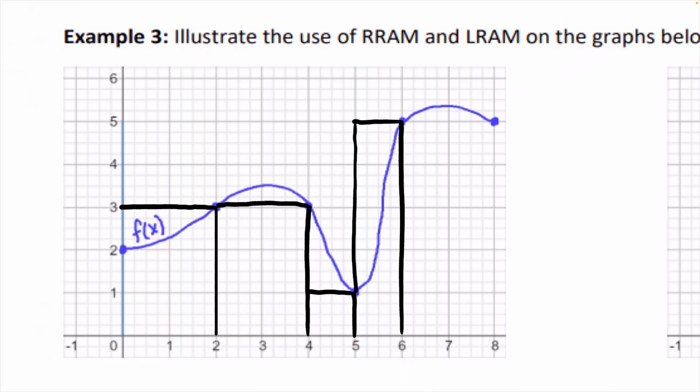And then the last dot is at 8, so I'm also going to go up to that dot, which is at 5, and then go over. That's an example of RRAM.